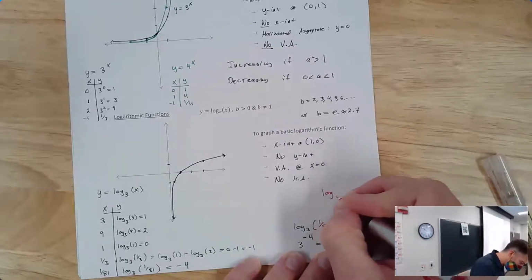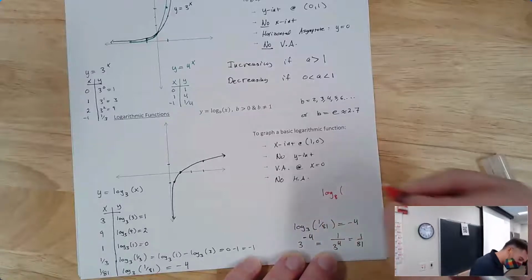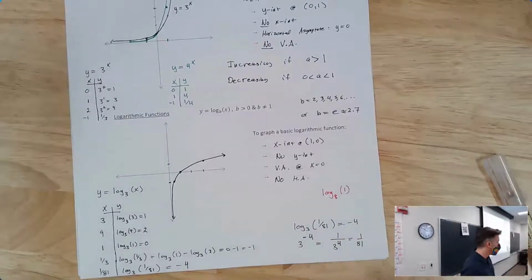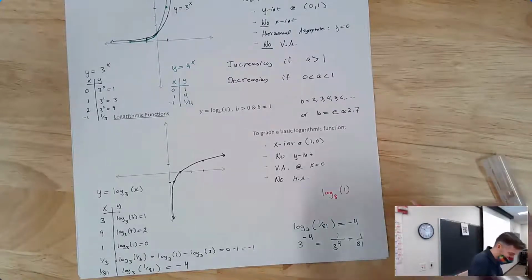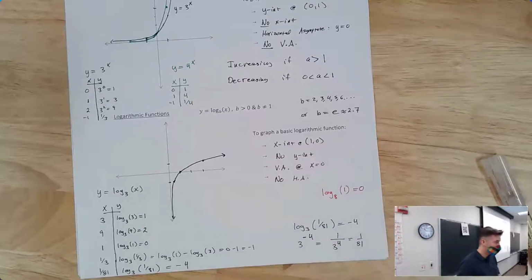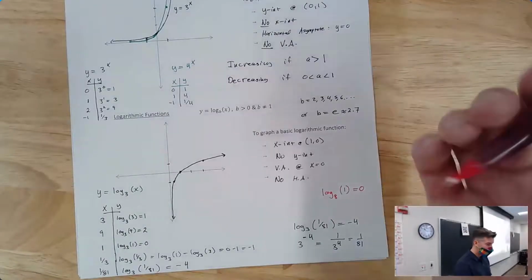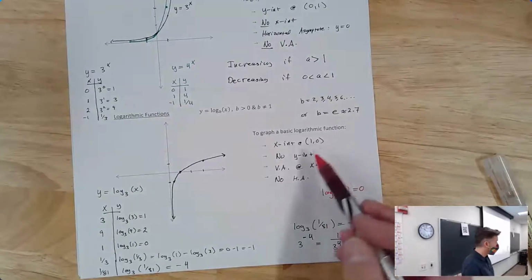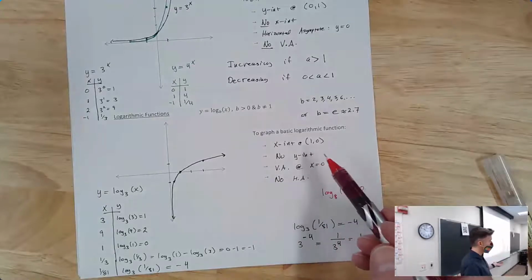Log base 8 of 1 says 8 to what power equals 1? What's the power got to be? It's got to be 0. 8 to the 0th power is 1. If it was log base 8 of 1/8, that's when it would be -1.